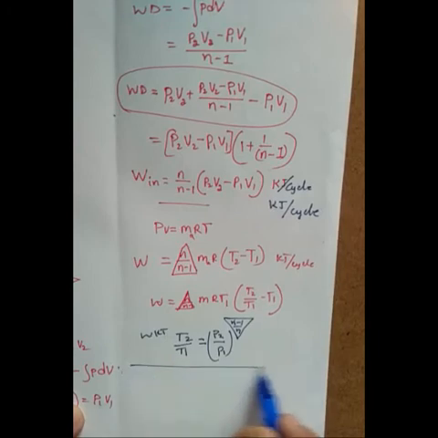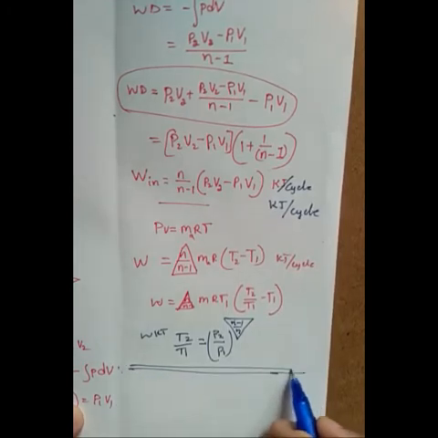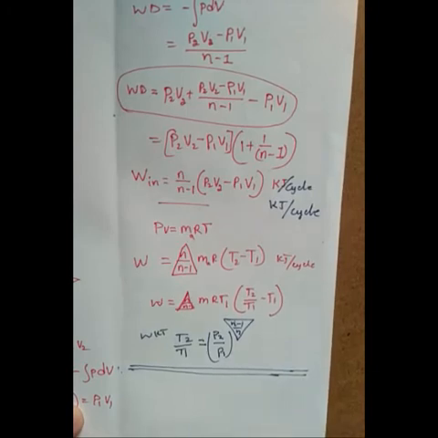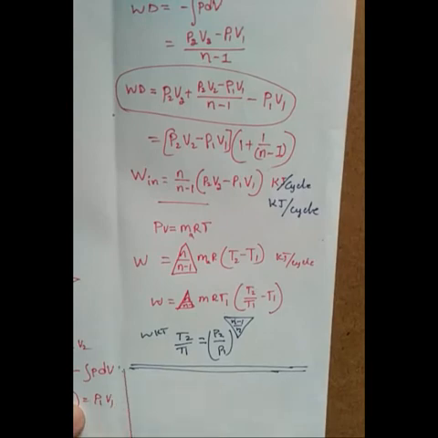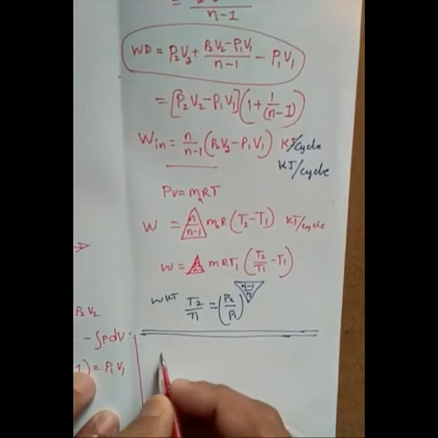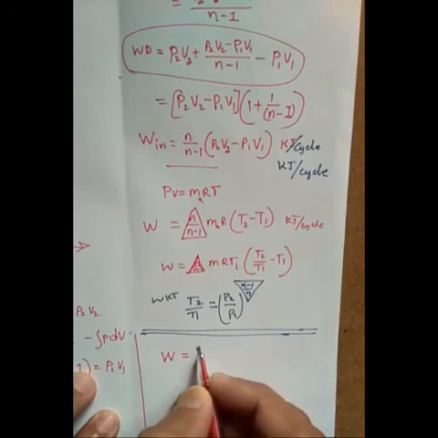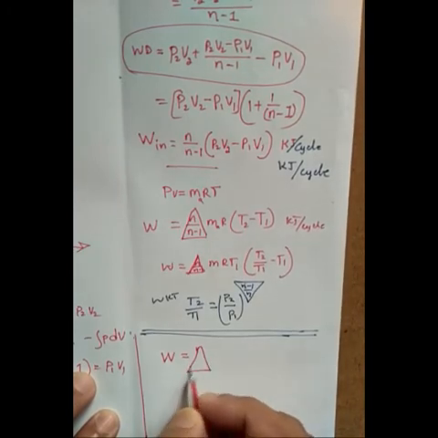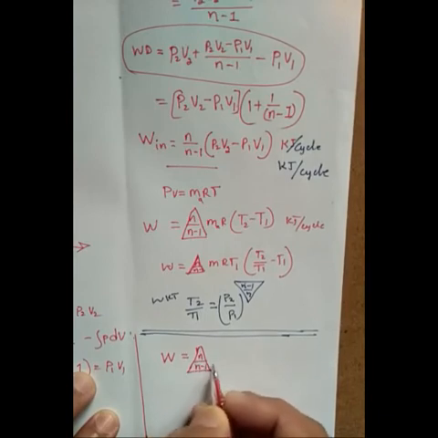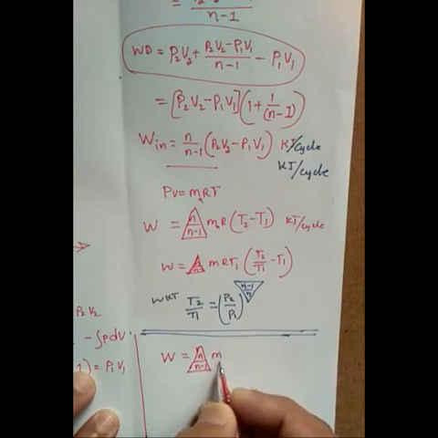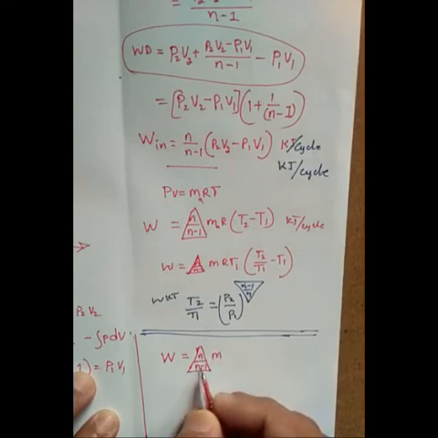The final equation is W is equal to n by n minus 1. This triangle shape you should remember, so that you will not confuse whether it is n minus 1 by n or n by n minus 1.